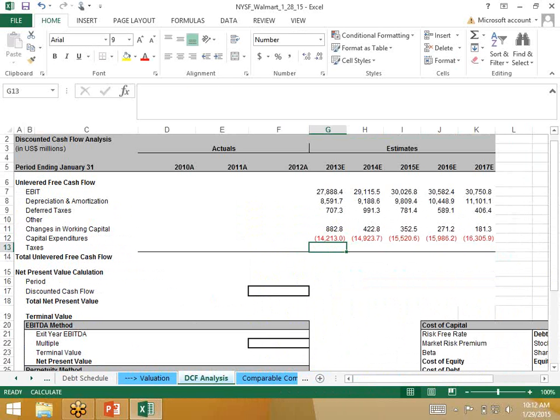And taxes is EBIT times the tax rate. Very important that you're not pulling taxes from the income statement, because taxes in the income statement contain tax deductions from interest expense. You don't want that. So we're going to take EBIT and multiply it by the tax rate, making sure you're using the same tax rate in that specific year.